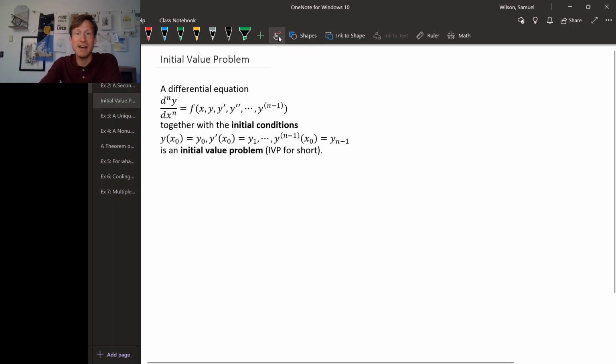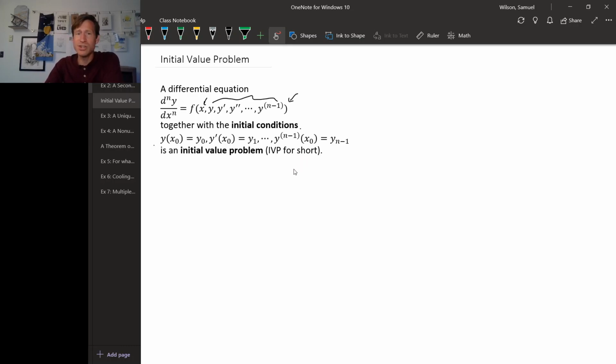So when we have a differential equation where the nth derivative of your unknown function y is given by some function of the independent variable and the 0th through n minus first derivatives of your unknown function, add to that initial conditions for the 0th to n minus first derivative of your unknown function, we call that an initial value problem, or IVP for short.